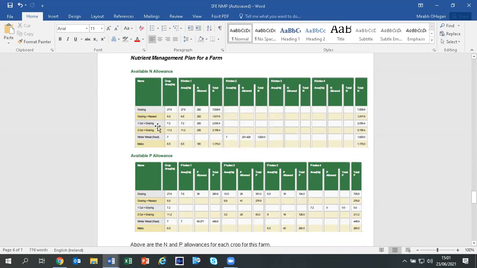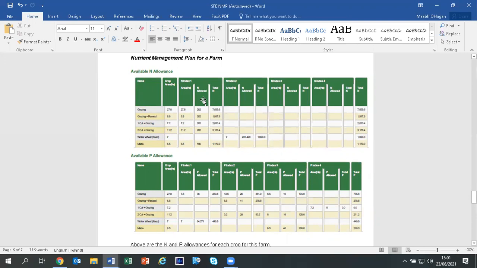And depending on the use for each of those land types, our nitrogen and phosphorus allowance is going to be different. Depending on what you are growing, depending on the offtake, your requirements will either be higher or lower.